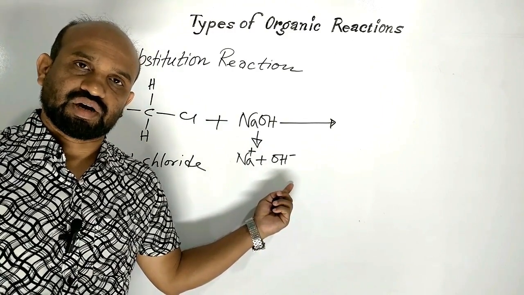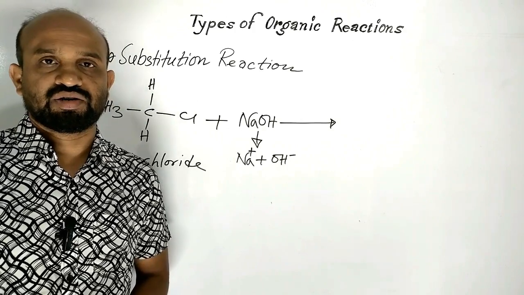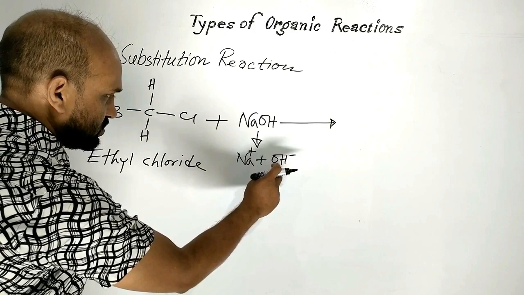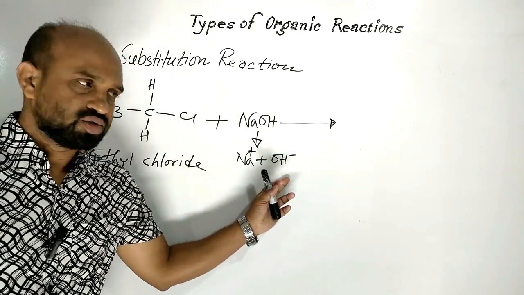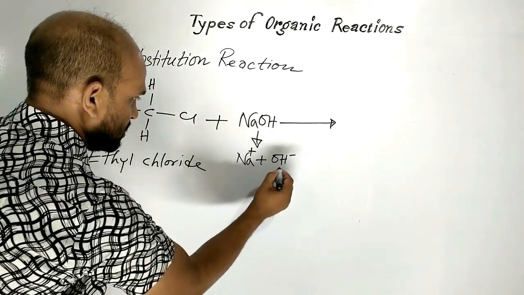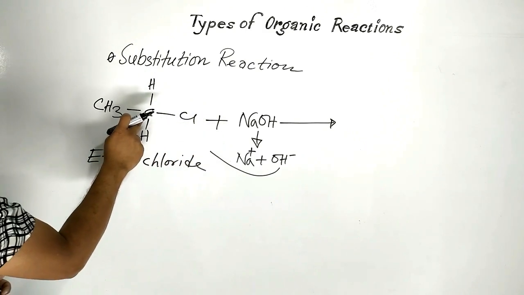Concentration of hydroxide ion is very high because sodium hydroxide is a strong electrolyte, so it's a kind of more active radical. That is why this active radical combines with carbon in this way.